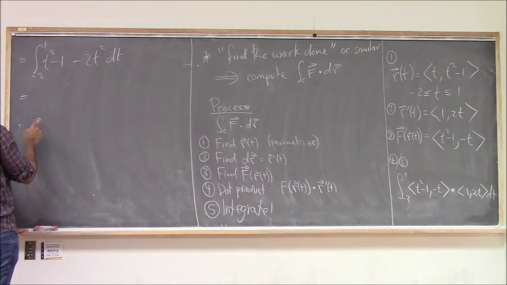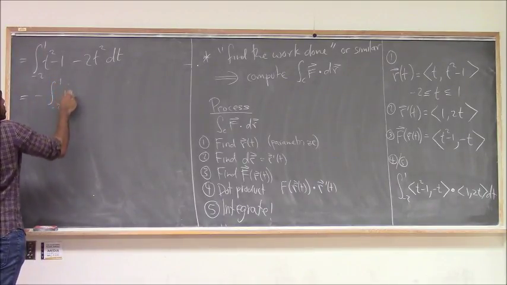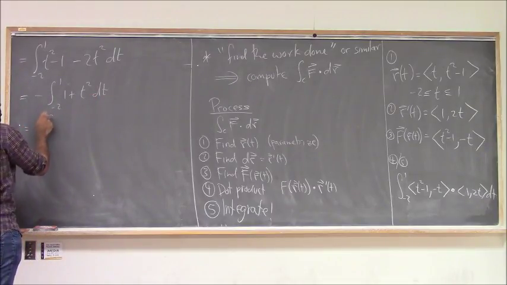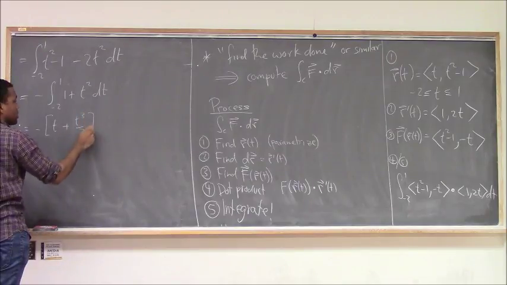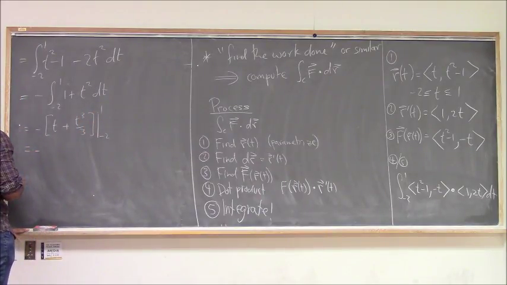So that's minus t squared, minus t, plus t cubed over 3, from minus 2 to 1. Is it minus t squared? I took a minus, I didn't see that. Okay.